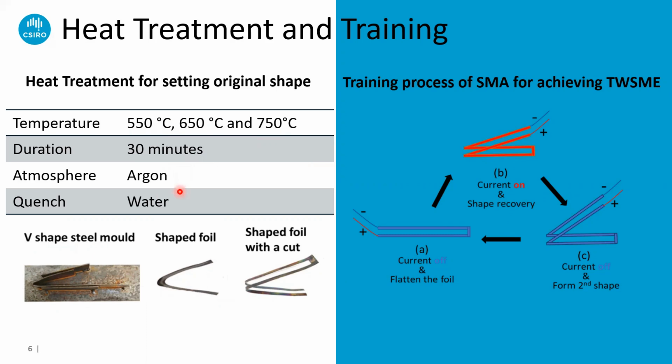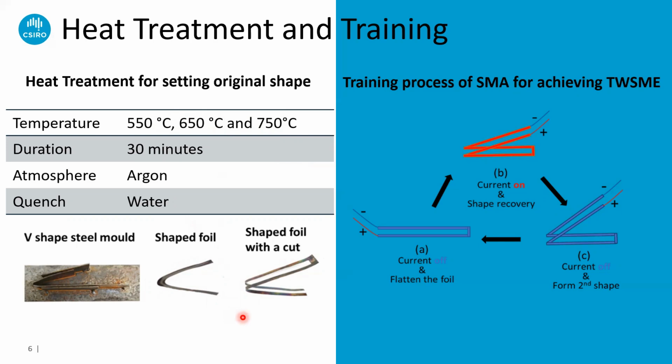And after that, we quench in the water. After we take it out, we can see the foil has been set to the V shape, and we cut a slope in between. So we use different thermal or annealing temperatures to see how this temperature can affect the shape memory behavior.